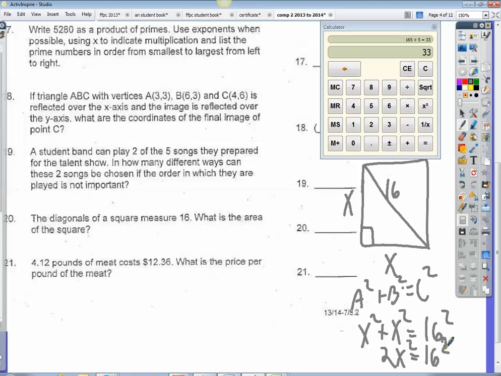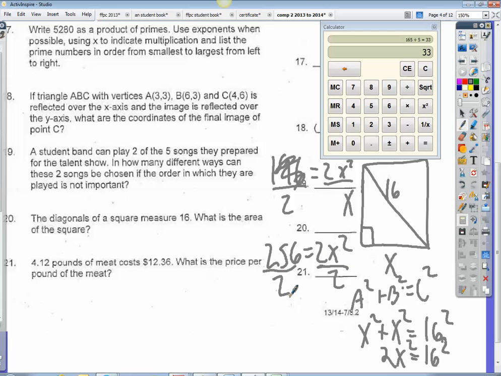And so then 16 squared is 196, and that's equal to 2x squared. And then, that's not working out right, because then I want to divide these by 2, and so I get x squared, right? So let's see, oh, 16 squared is not 196, that's my mistake. It's 256. 16 squared is 256. Thank you. 256 is equal to 2x squared. You caught it. Divided by 2, divided by 2. So this is 128 is equal to x squared.